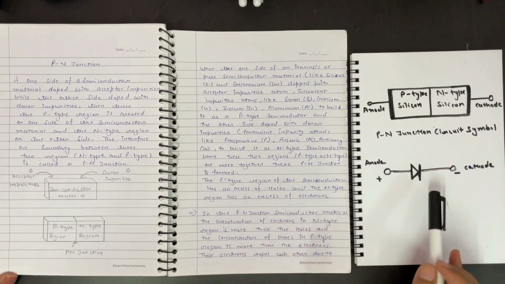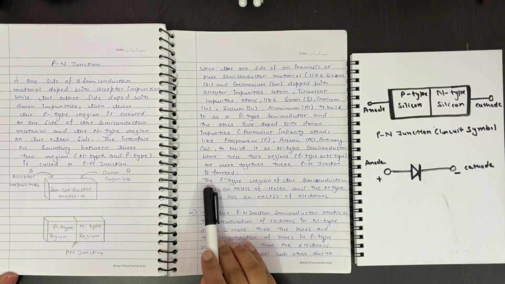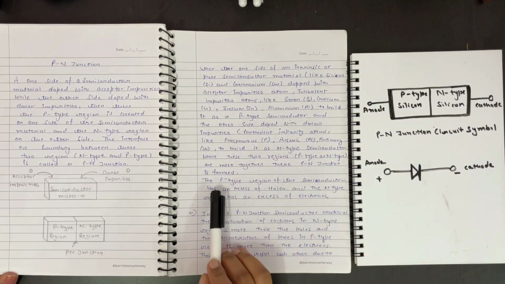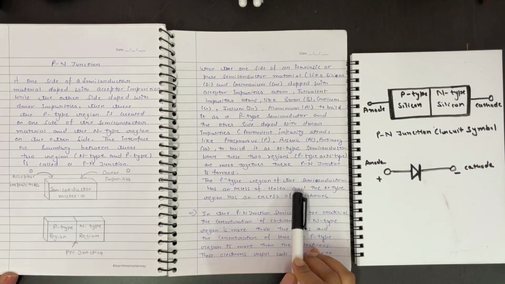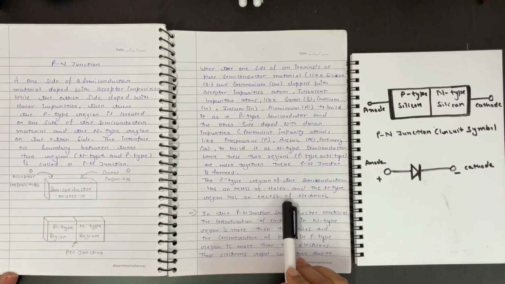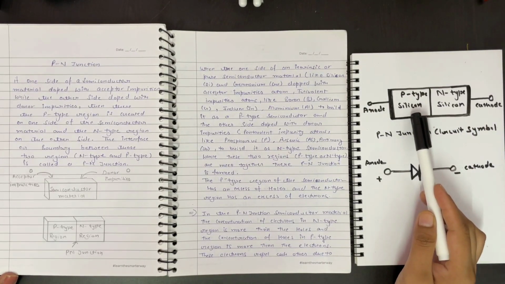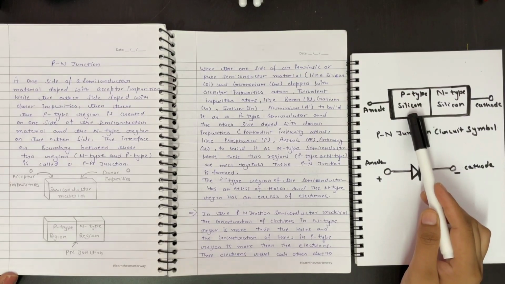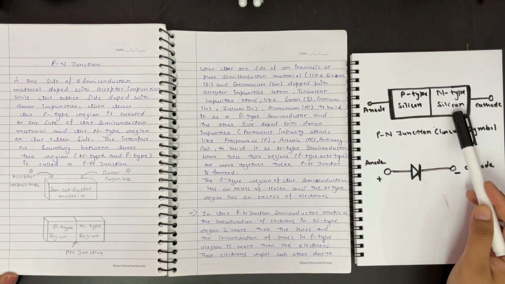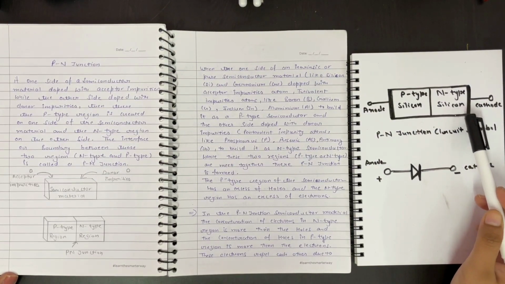So what happens in a PN junction diode is the p-type region of the semiconductor has an excess of holes and the n-type region has an excess of electrons. Being a p-type region, it has an excess of holes, which are positive in nature, and the n-type silicon has an excess of electrons, which are negative.